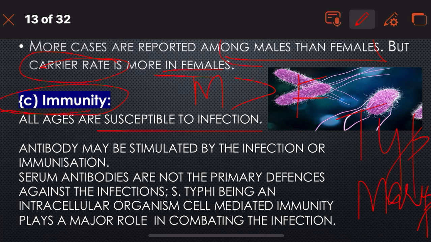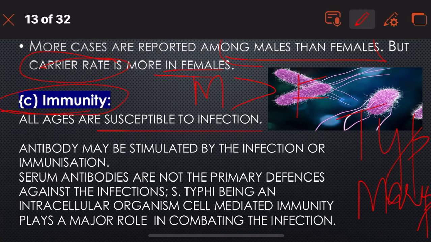Only the incidence rates are higher in children of the 5 to 19 years age group. Antibody may be stimulated by the infection or immunization. The serum antibodies are not the primary defense against the infection.